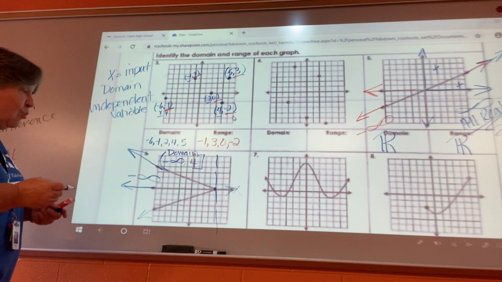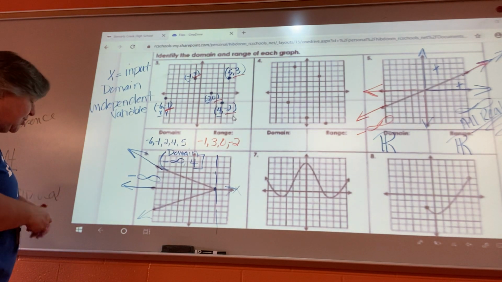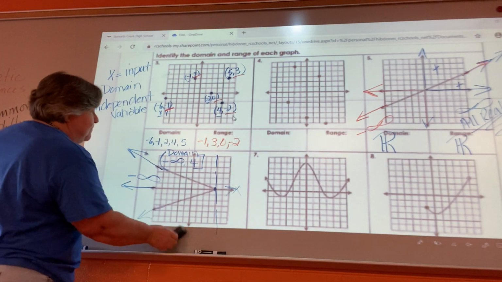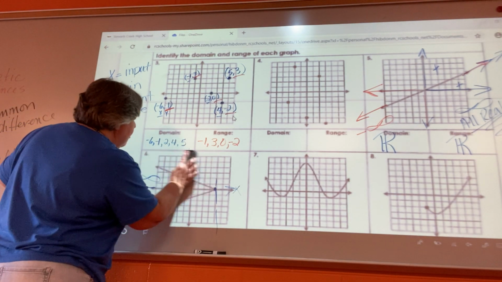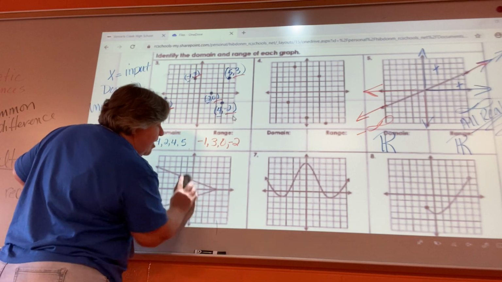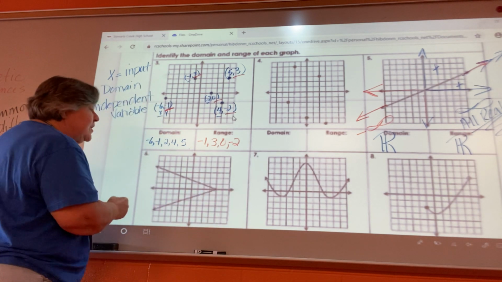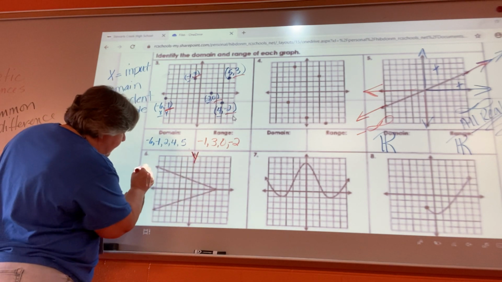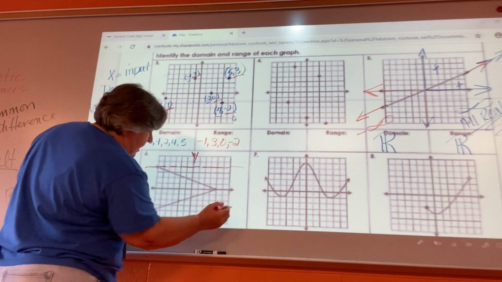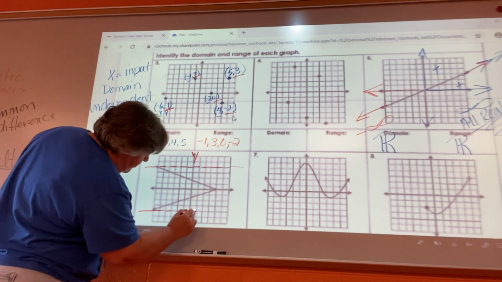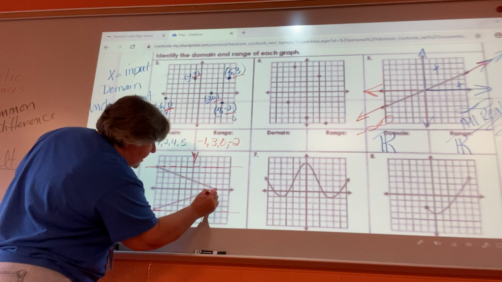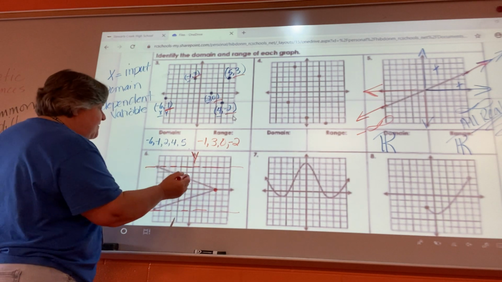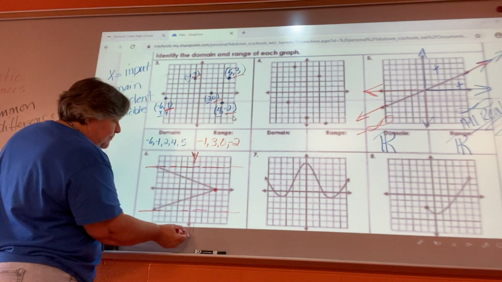Now, I'm going to erase that so I can do the range, but this is a recording, so you can go back and look at it again. So I'm going to go here. And now I'm going to look at the range, which is the Y value. The Y value is going up and down.